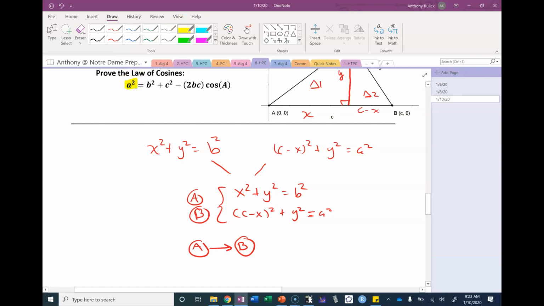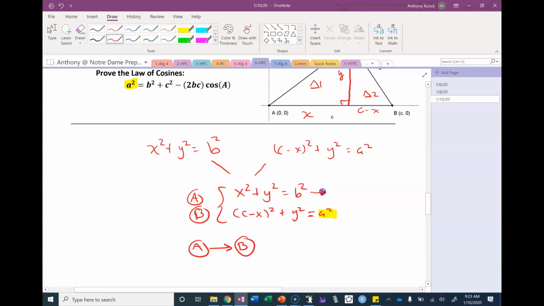We want to have the a squared by itself, right? Look at equation B. It already has the a squared by itself. So that's the good reason as to why I'd want to put A into B, because it keeps the a squared by itself, which is what we need to have in our final answer. Does that make sense? All right.